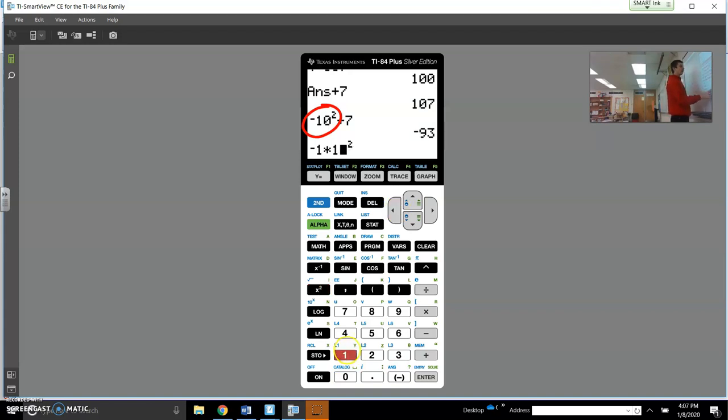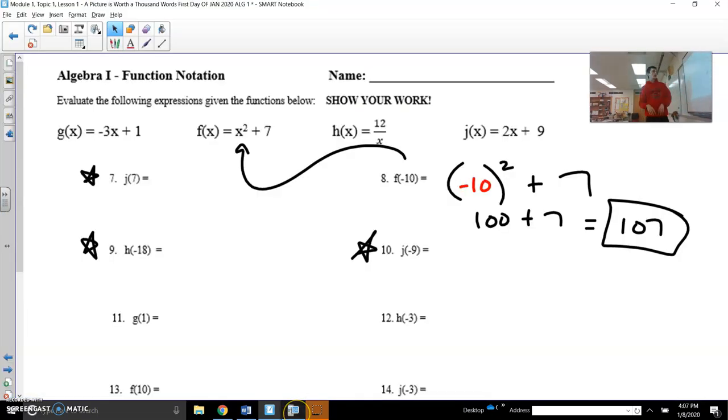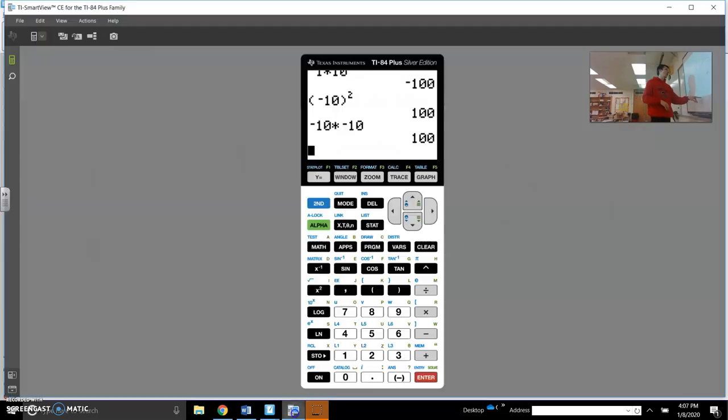The calculator thinks you mean this idea, but you really want negative 10 grouped so that it knows you want negative 10 to multiply times itself. So I show you this because this is why many students struggle to calculate it correctly, even with a calculator. So please use parentheses, especially when the powers are even.